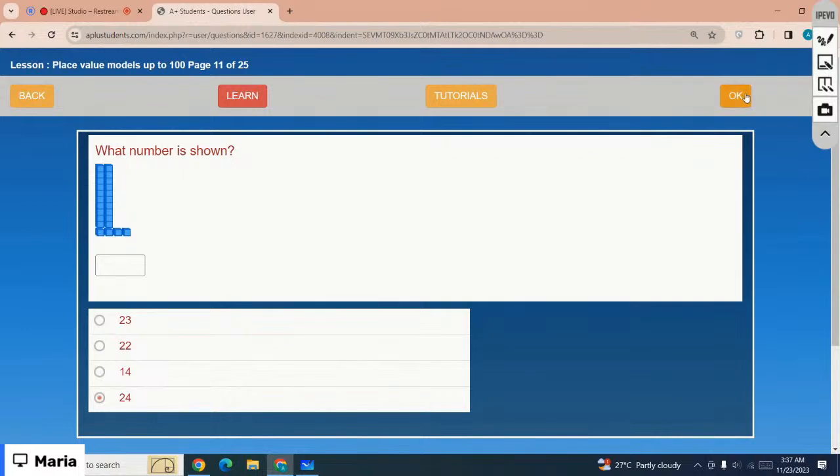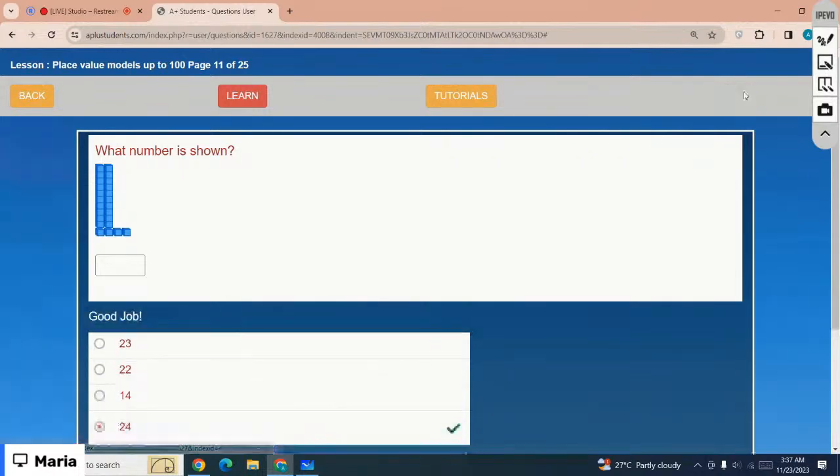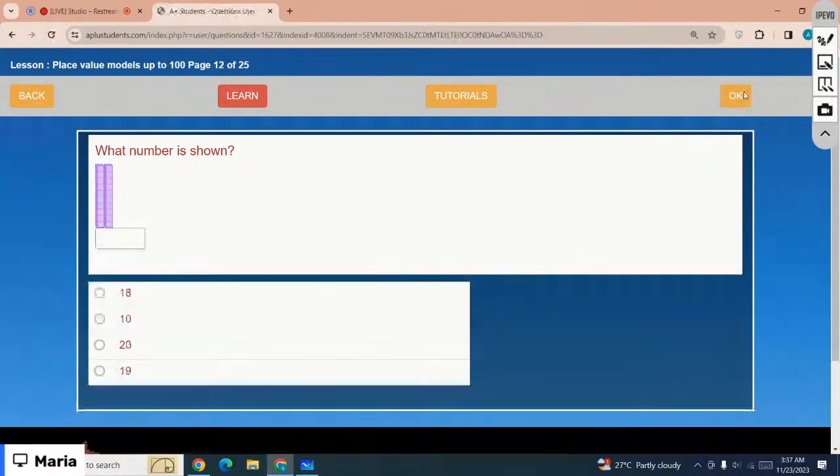The correct option is 24. Okay, what number is shown? Which is the correct option? So what number is shown? Which is the correct option?